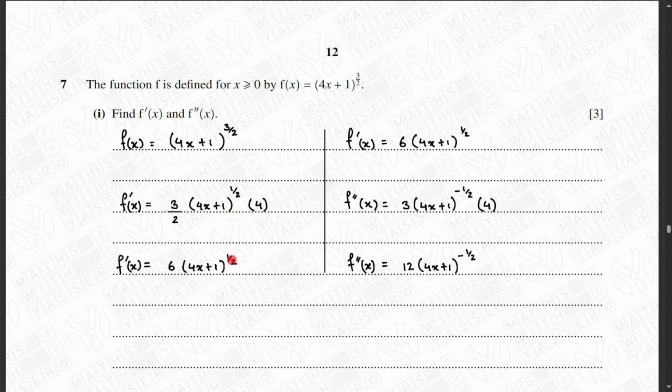If we differentiate this again to find the second derivative, we get half times 6 is 3. Then 4x plus 1 to the power half minus 1 is negative half. And again, if we differentiate inside, we get 4. So simplifying this, we will get 12 times 4x plus 1 to the power negative half.